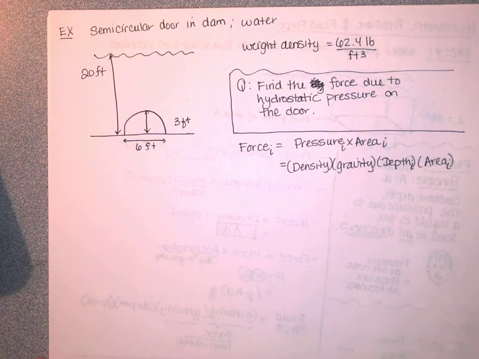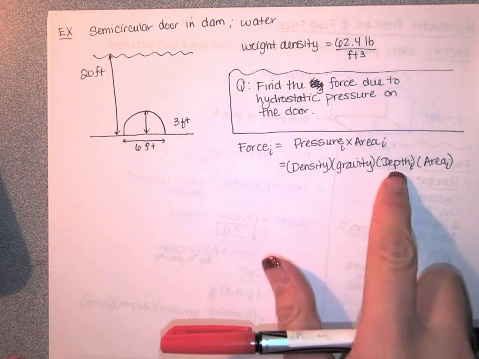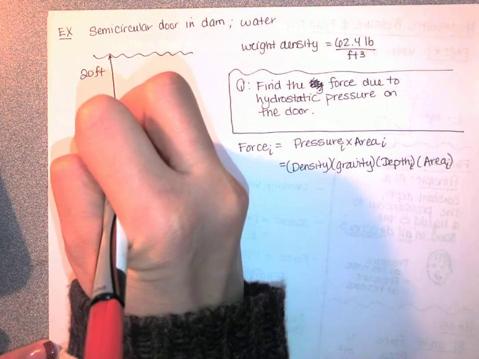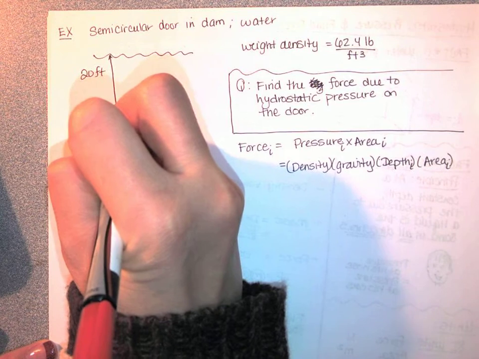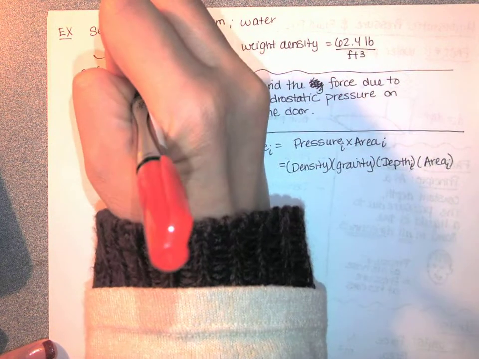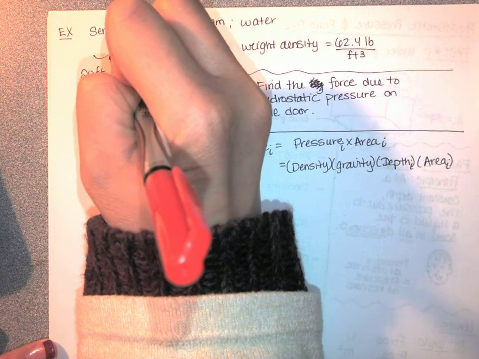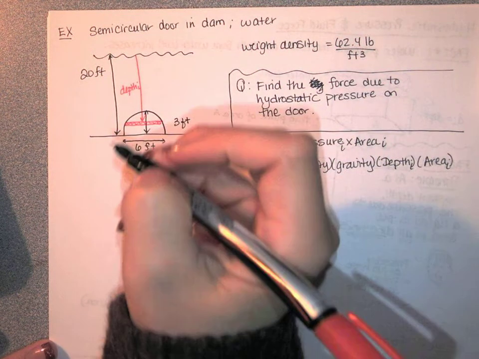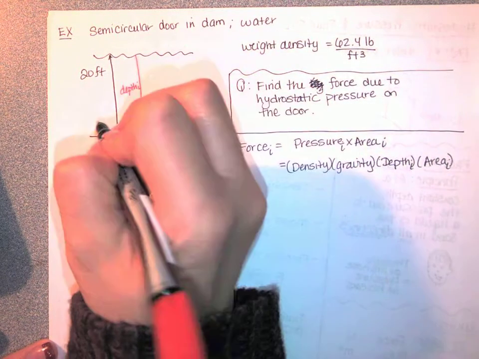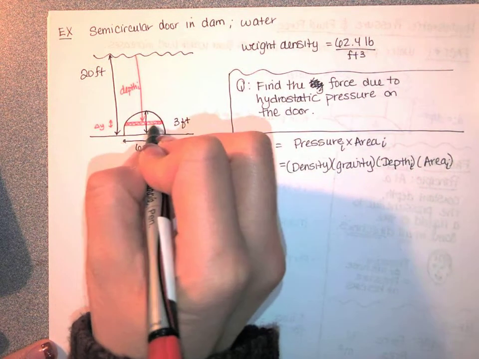If I want to slice this so that the entire slice is at a constant depth, I need to slice it this way. The depth for that slice is that distance right there. And the area of that slice is going to be delta y times that distance, from there to there.